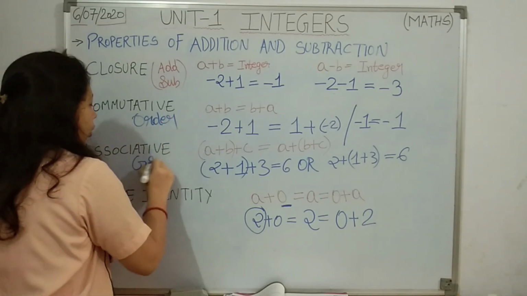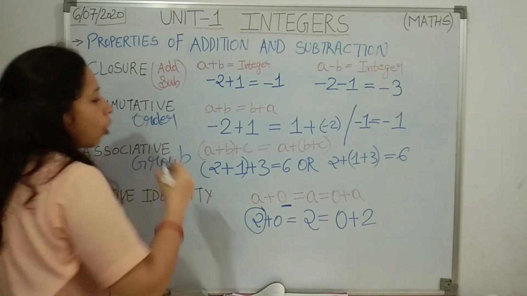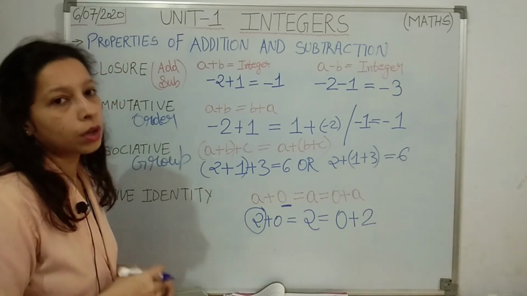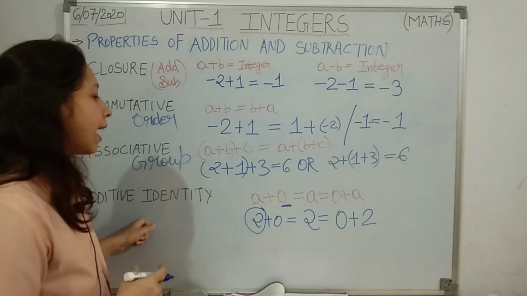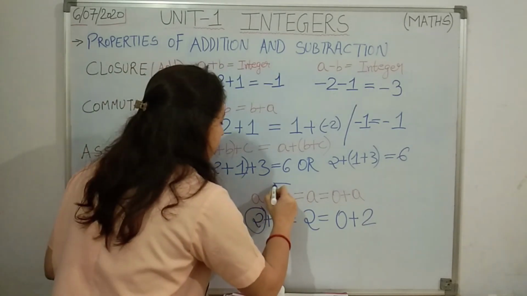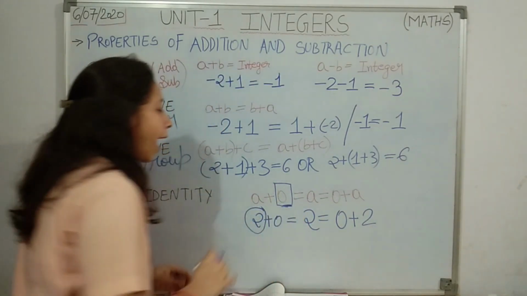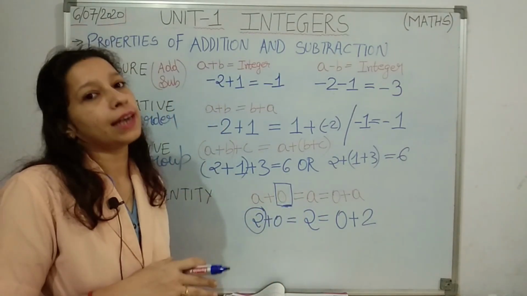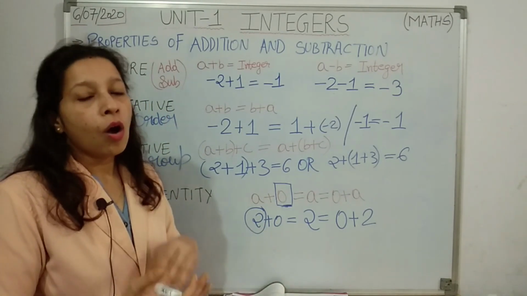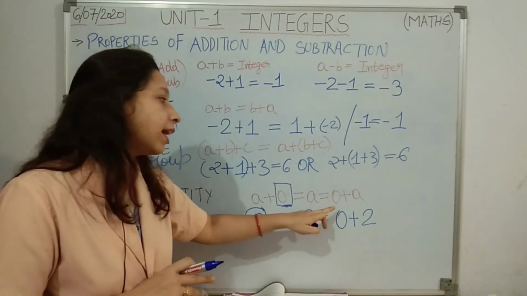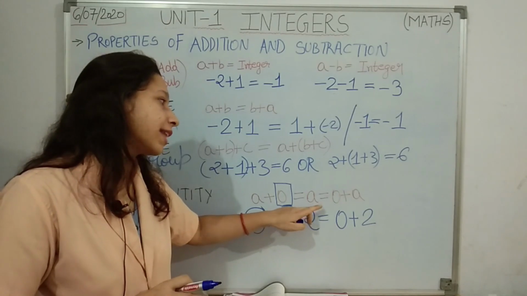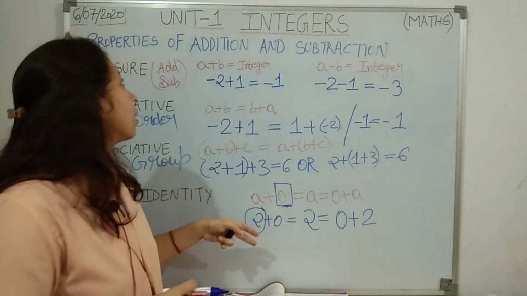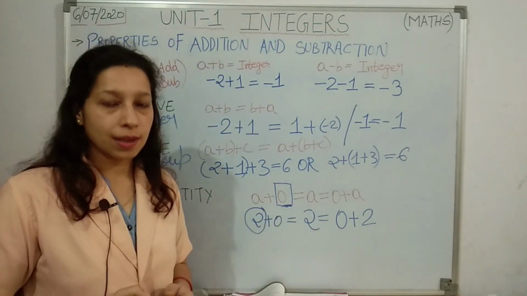Associative property, you can form groups of integers to solve it conveniently. Then additive identity is equals to 0. Whenever you add 0 to an integer, you will get the result as same integer, or when any integer is added to 0, the result will be the same integer. So these come under properties of addition and subtraction.